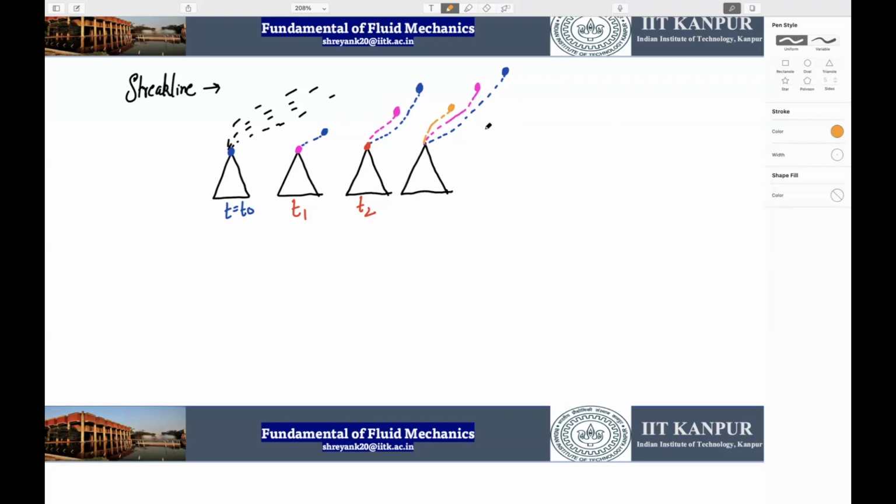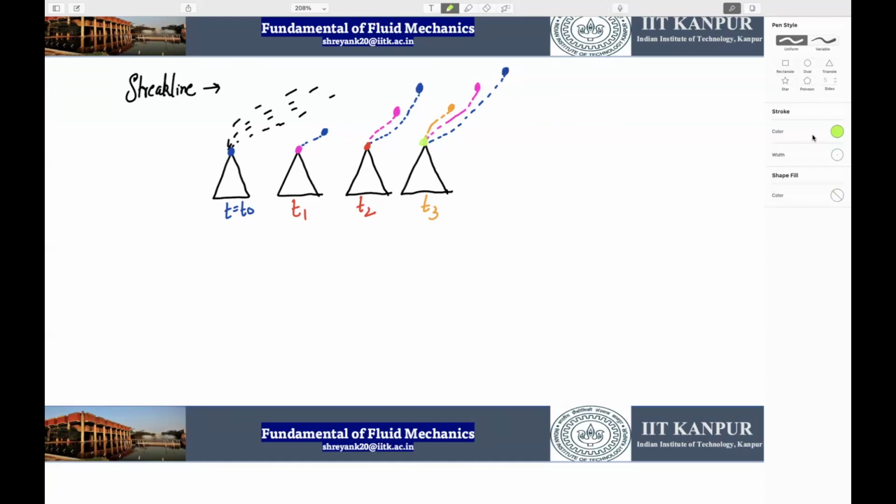So what is a streak line? We keep injecting the particle at different time instants, and these particles follow their own path line dependent on the flow. So the streak line is something that connects all of these particles. And at t equal to t3, we have injected another particle.